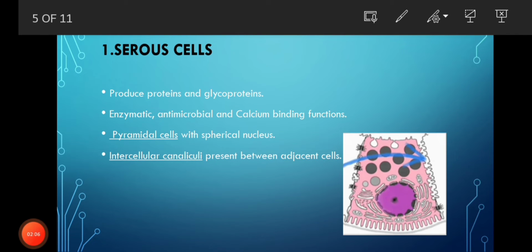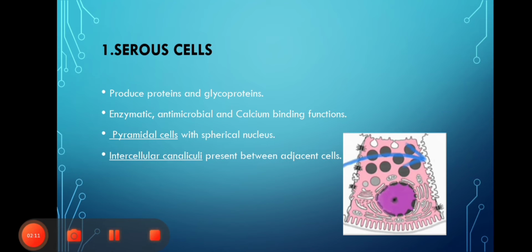Serous cells produce proteins and glycoproteins, and they perform enzymatic, antimicrobial and calcium binding functions. There is a spherical nucleus with pyramidal cells. Intercellular canaliculi are present between adjacent cells.